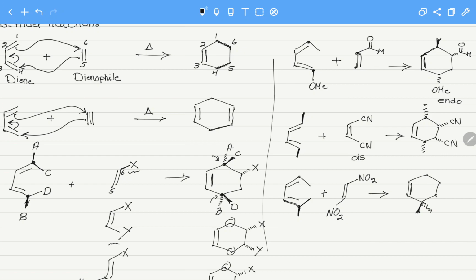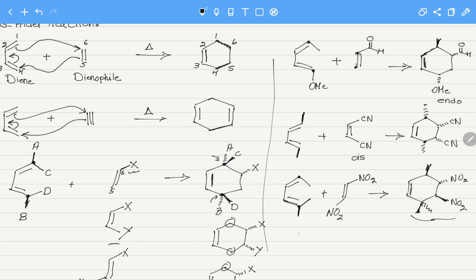Here we just have one branch which is to the inside, so this is a wedge. And we have trans dienophile, so one NO2 should be inside and the other one should be outside. Now of course we have more than one product here because we may switch those two, but it's just enough to draw now one of them only. And this is how we draw the products if we have a dienophile with cis, trans, or one branch.